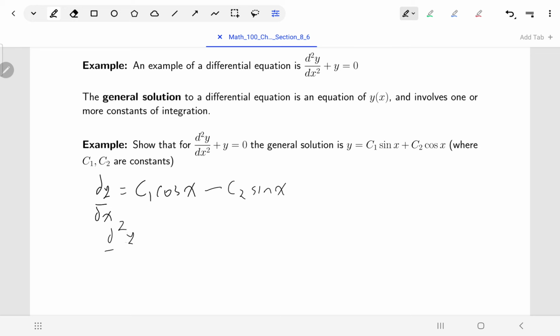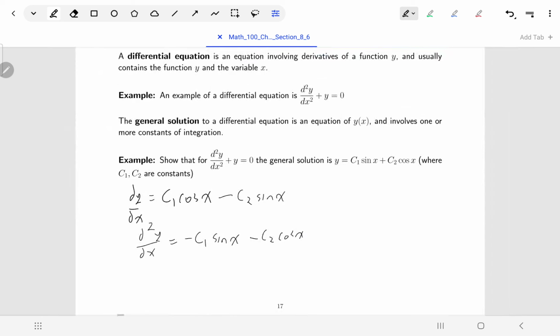And if I were to take the second derivative, then the derivative of cosine is negative sine, so I'll have minus c1 sine and plus the derivative of sine is cosine, so I'll have a minus c2 cosine.